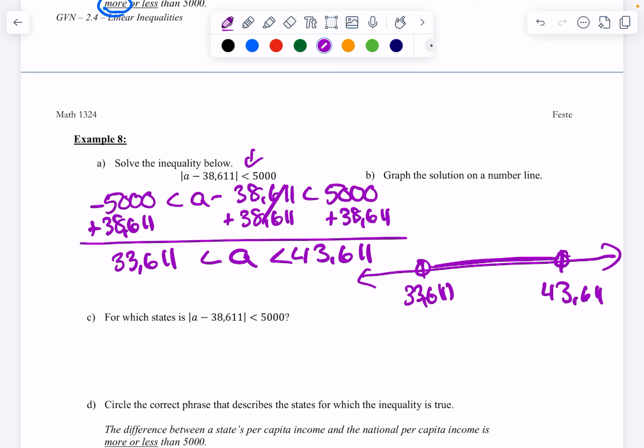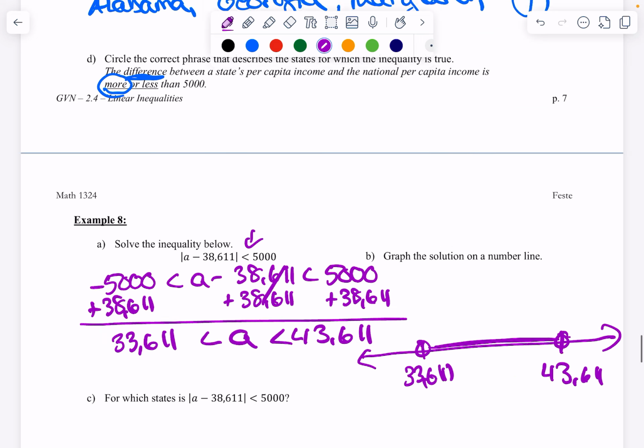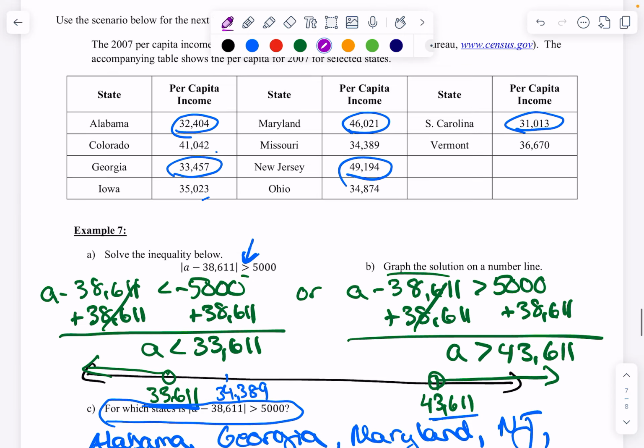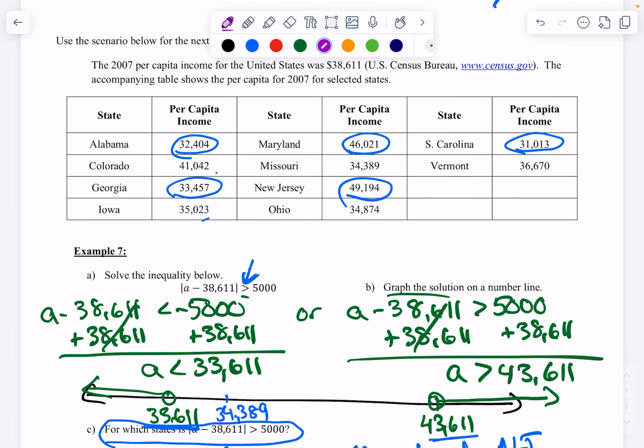Now, for which states is the income in between? So it's the states that were not in example 7. So, for example, 41,042 is in between. So that's Colorado. Iowa is 35,023. That is in between. 34,389 is in between.